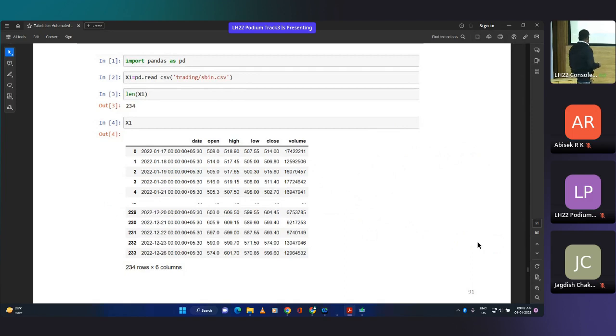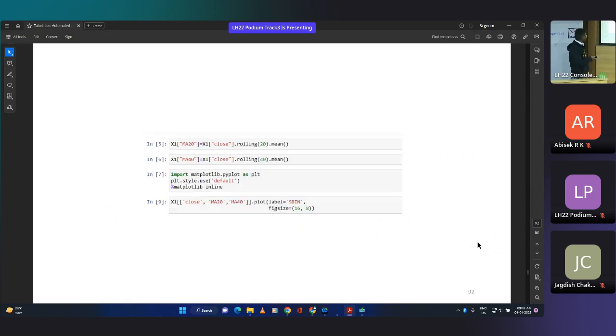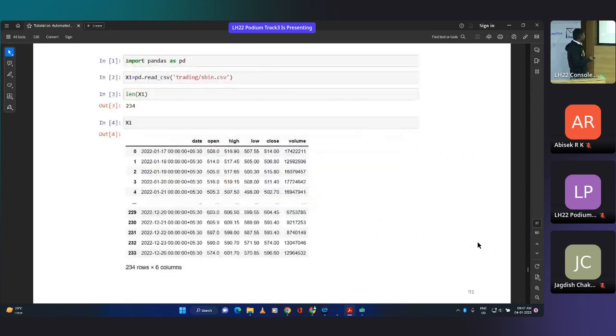I have tested this strategy on SBI data. It is daily data, which I downloaded using my credentials. One day data means each row belongs to a particular day.